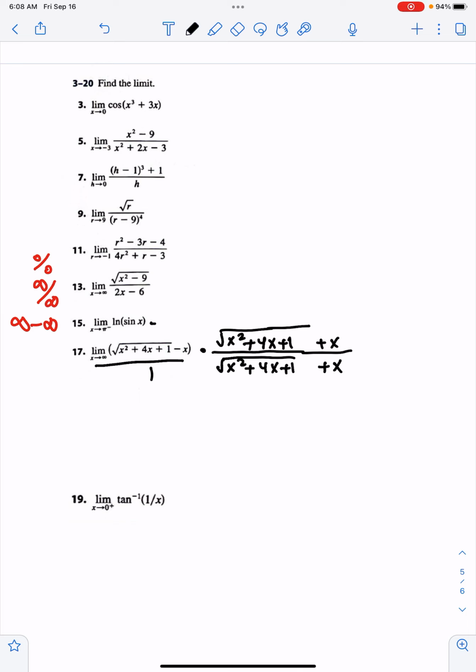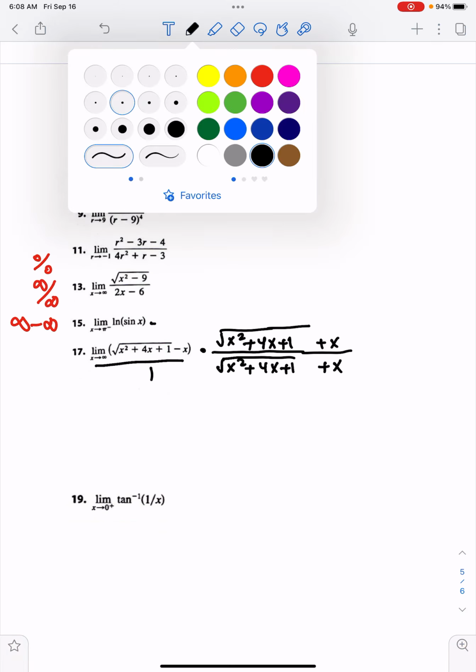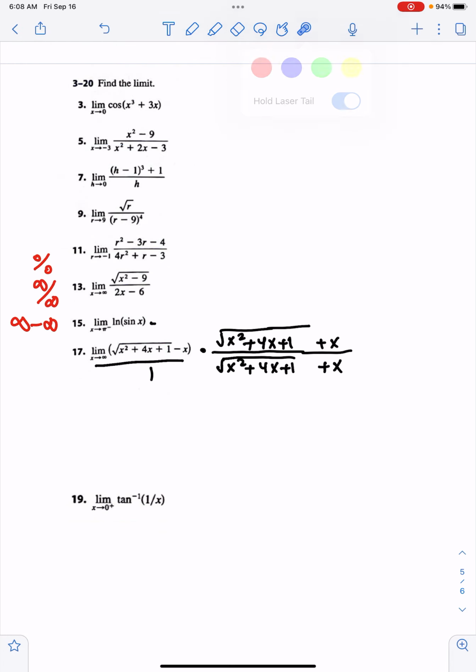So let's multiply now. We need to FOIL it. In order to FOIL, multiply the first one by first one, so imagine that this is like a parenthesis. First one by first one, then first one by the second. For those two, first by first, I just remove the radical, so that's x squared plus 4x plus 1.